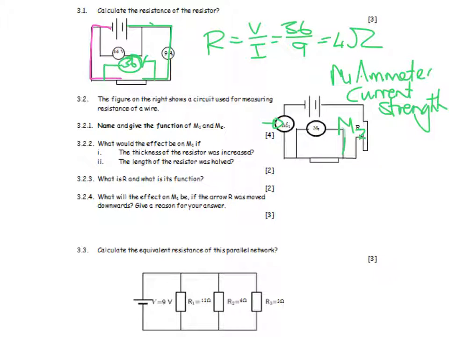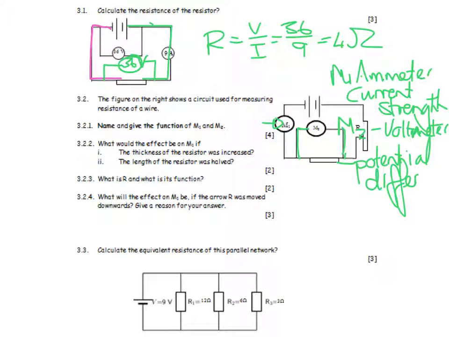M2 is connected in parallel across this particular resistor, and therefore it is a voltmeter. It does not measure voltage, it measures potential difference. Voltage is a bit of slang in science, just kind of loosely talking about measuring with a voltmeter, but the correct terminology is potential difference.